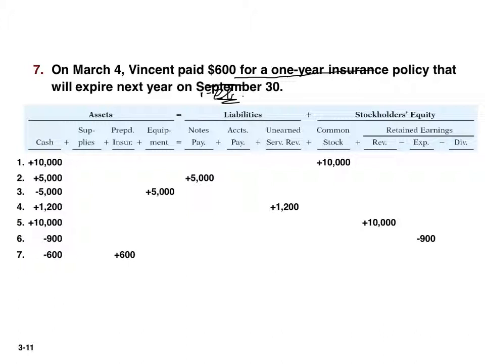So that is an asset. And we call that a prepaid asset, or prepaid insurance in this case. So prepaid insurance goes up because I have the asset, and my cash goes down. Okay. So anytime I pay in advance for services, that's an asset.